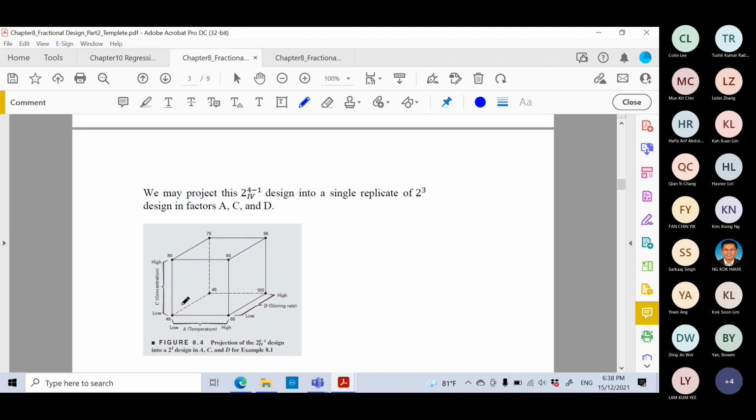Here we can list it down in the following form. Of course, this one just represents in a graphical way what the treatment combinations are. You have factor A, factor C, factor D here. So with their treatment combinations, we can project it into the 2 power of 3 factorial design.